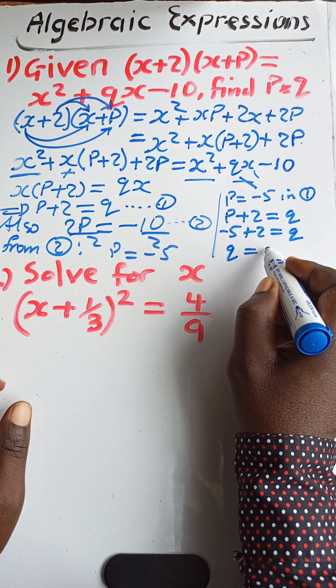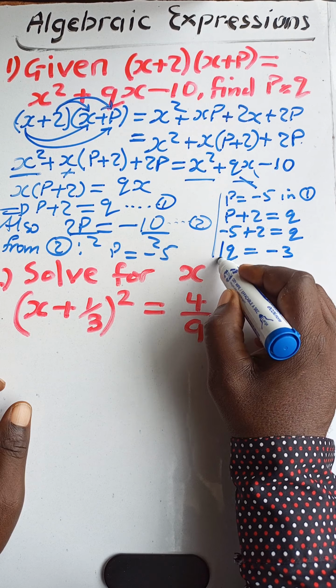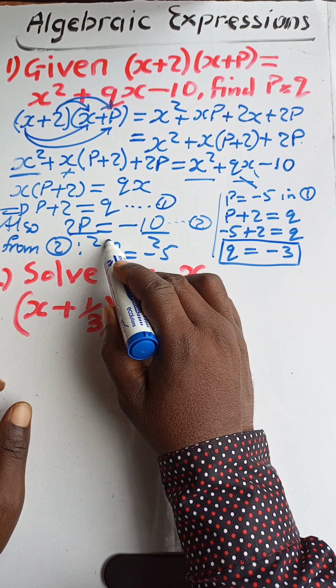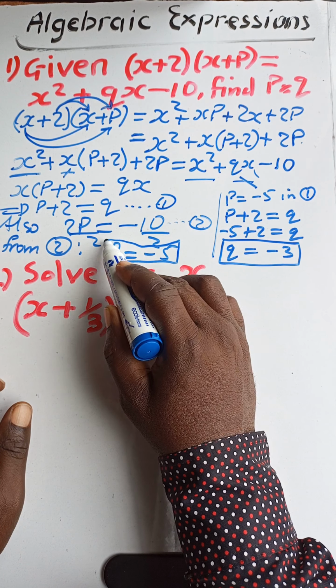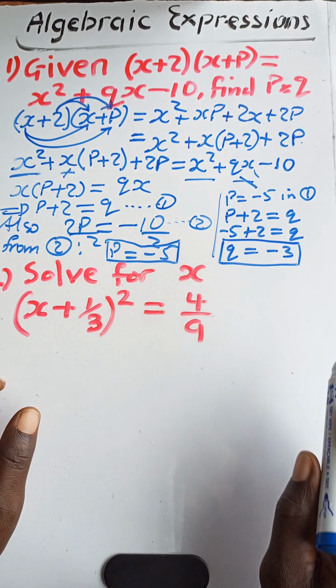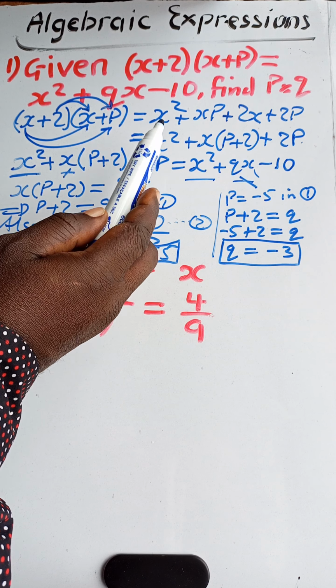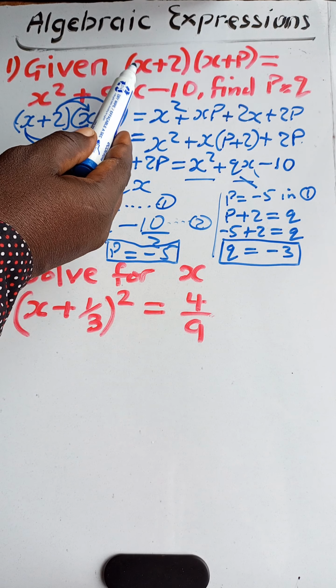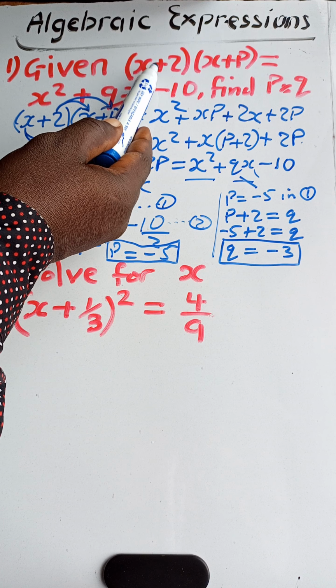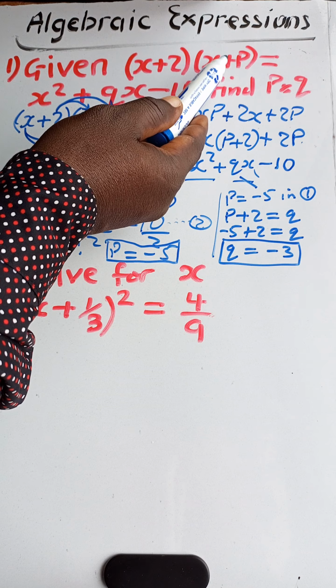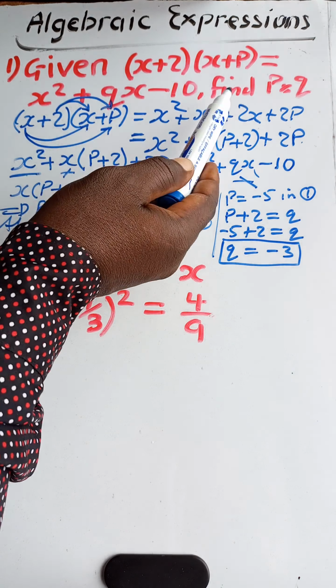That therefore means that q is negative 3. So p is negative 5 and q is negative 3. Those are the values of p and q when this linear factor multiplied by that linear factor equals this quadratic.